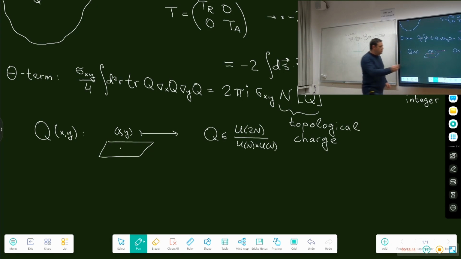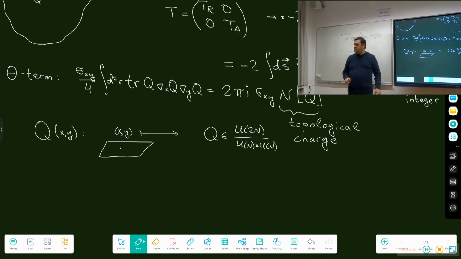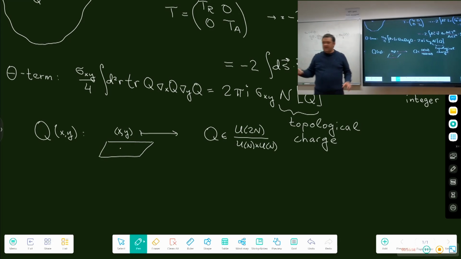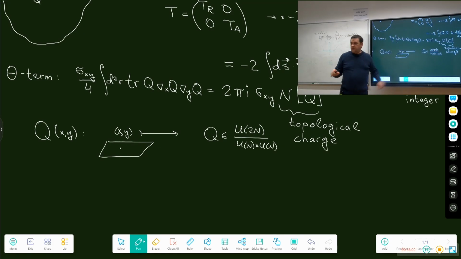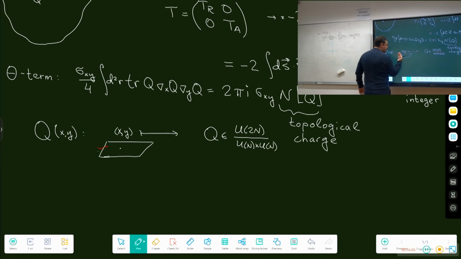It means that all points at this boundary, every point, is mapped onto the same point in the space of Q matrices. So each point of this boundary is mapped onto the same point, as if this whole boundary was only one point in real space. Just imagine I will now take my real space and erase this.